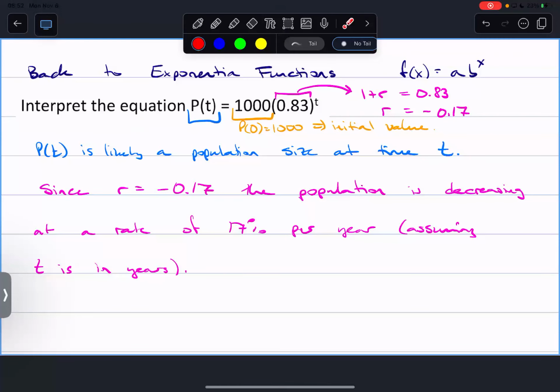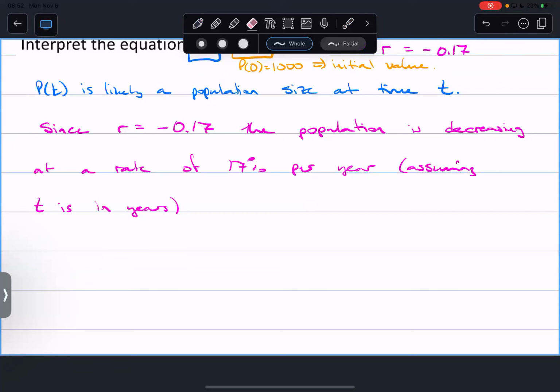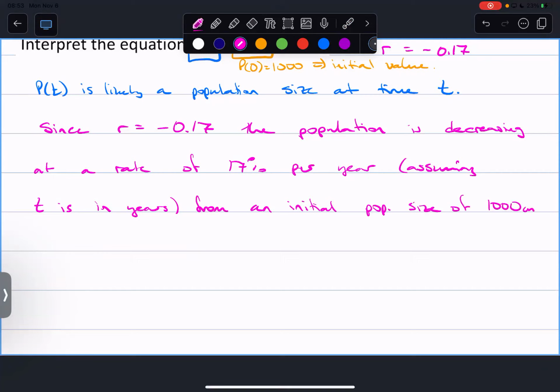The population is decreasing at a rate of 17% per year from, I guess I'll add, from an initial population size of 1,000 units. Right. Not committing to anything. Good.